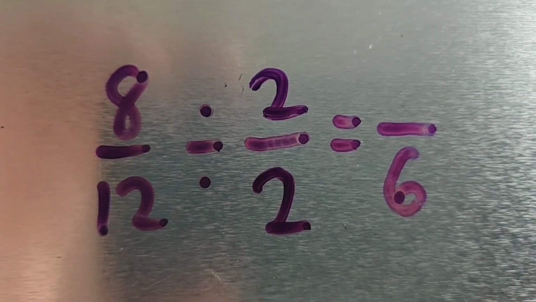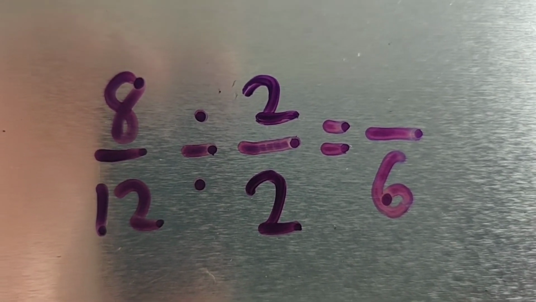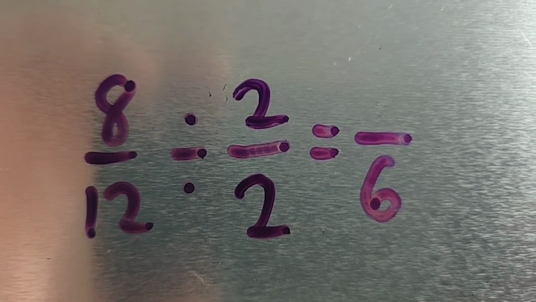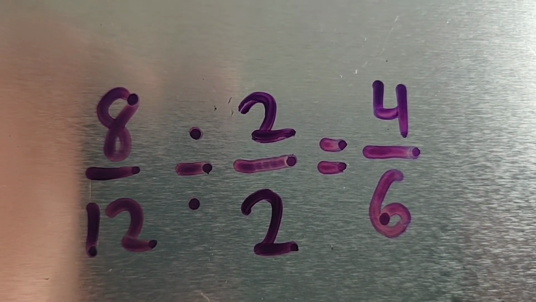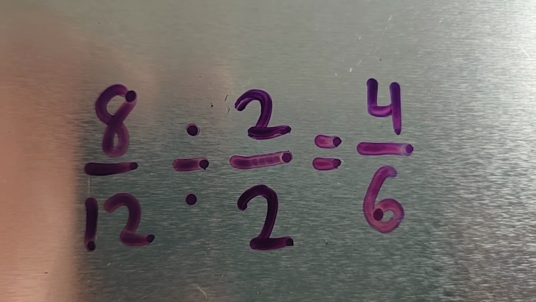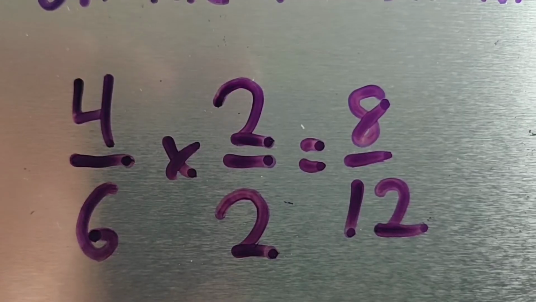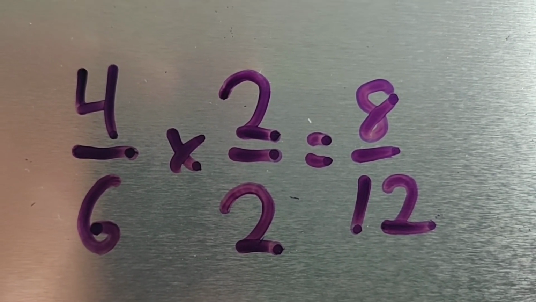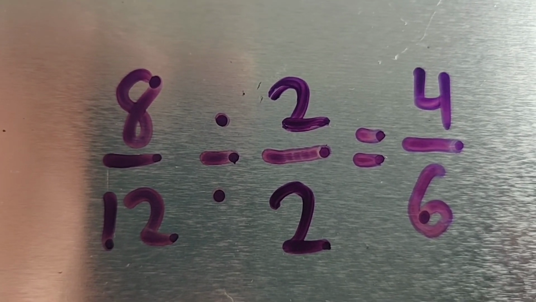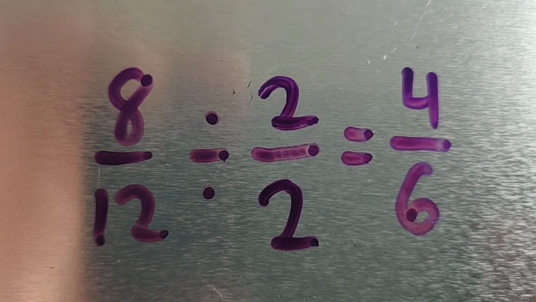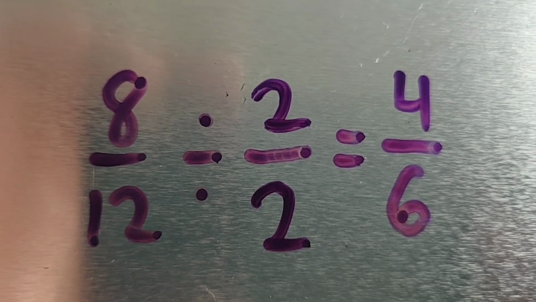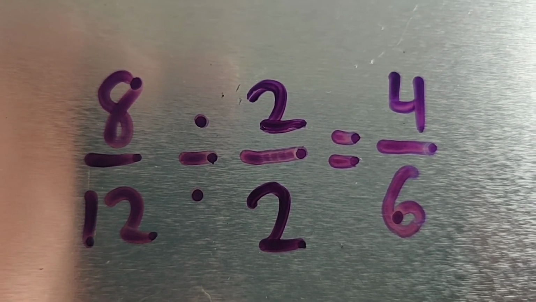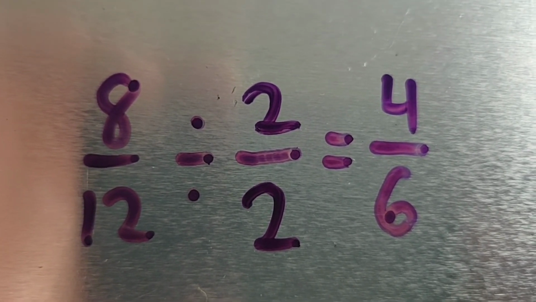So I place the numerator of 2 there. So 8 divided by 2 in the numerator equals what? 8 divided by 2 equals 4. So 8/12 is equivalent to 4/6. And the reason we could do it this way with multiplication to figure out that 4/6 and 8/12 are equivalent, or this way with division to figure out that 8/12 and 4/6 are equivalent, is because multiplication and division are just the flip sides or opposites of each other. So it works either way.